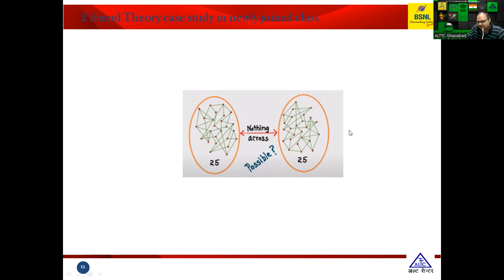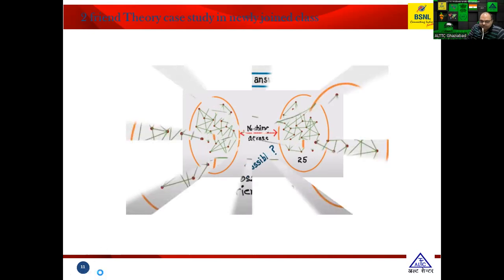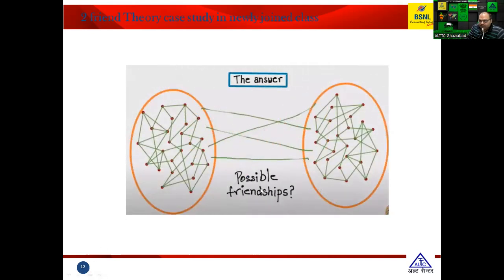Just like our social media account, we make the Facebook account and simply log in after adding 25 friends. That means I am using the social media profile, but I am not on social media. I'm not enjoying the social media facility. Is that clear? Okay, fine.